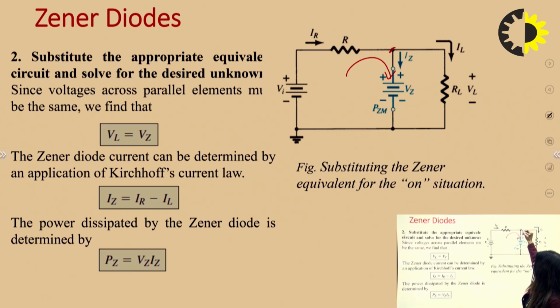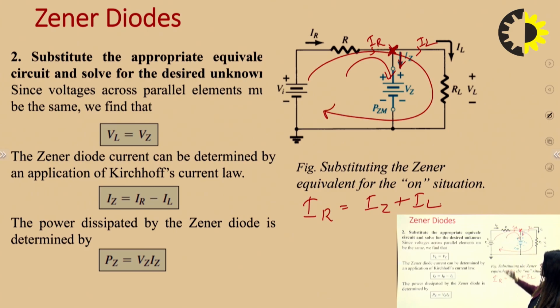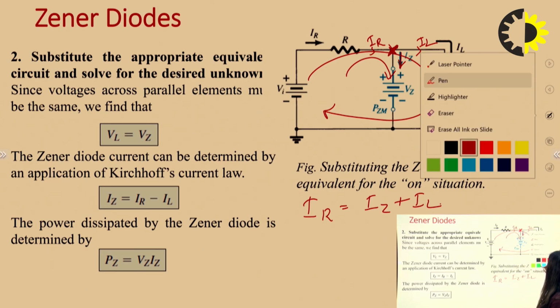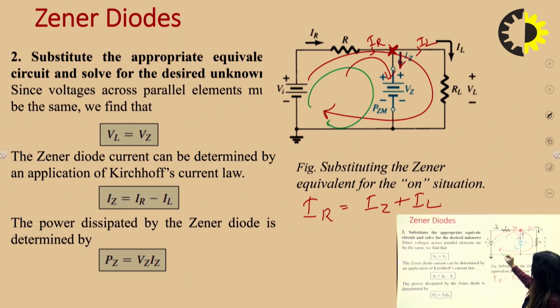Applying Kirchhoff current law at this particular point, the incoming current IR is equal to IZ plus IL. And now you can also apply Kirchhoff voltage law in the first loop.